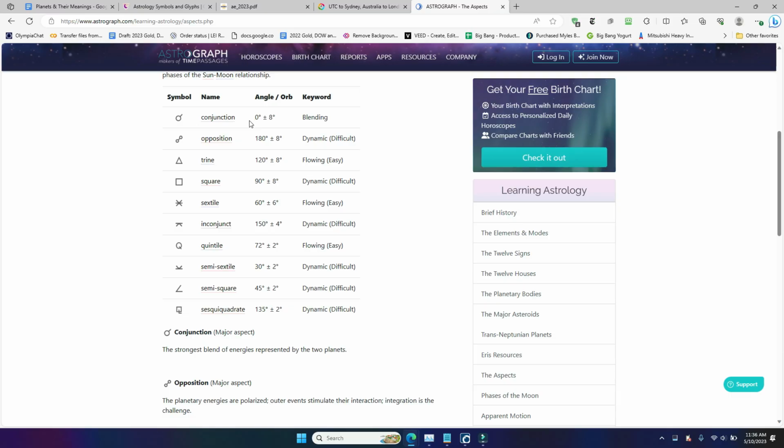Now, anyone who has done anything Gann-based before will know that these numbers and these angles are very important. You've got 0 or 360 degrees, 180 degrees, 120 degrees, 90 degrees, 60, 150, 72, 30, 45, and 135. Definitely all very important.